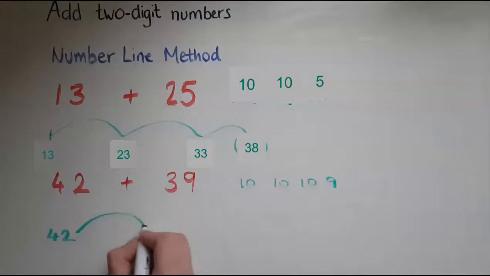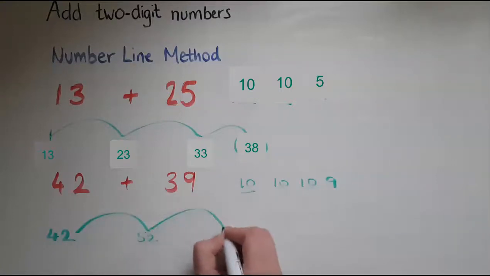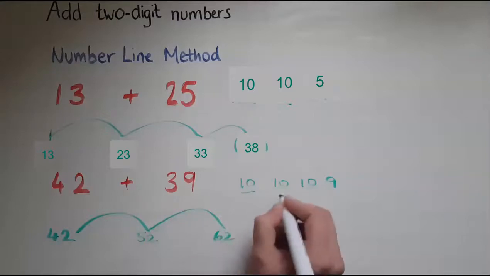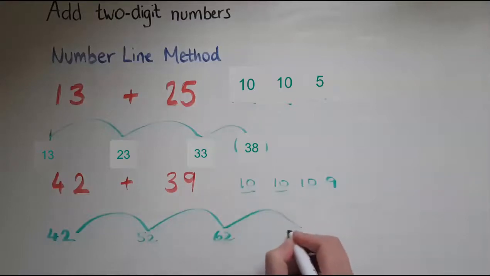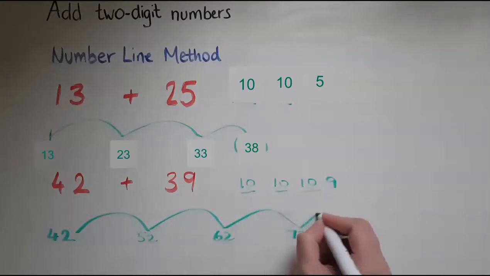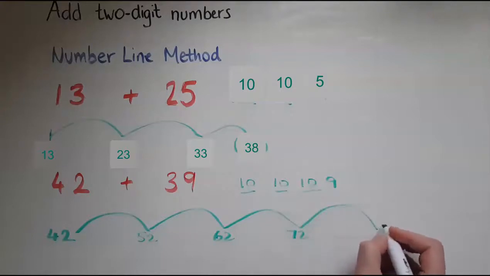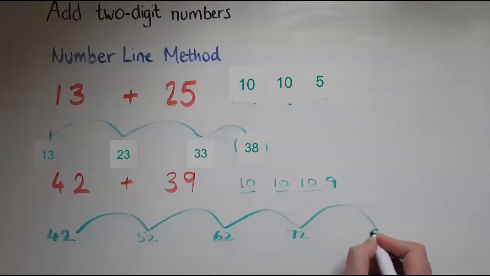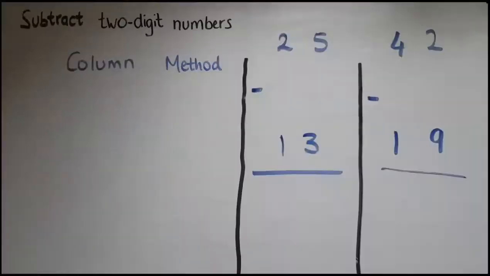So I'll add 10 to make 52 and another 10 to make 62 and another 10 to make 72 and 9 to make 81. And that gives me the answer. So this is how you use the number line method to add two two-digit numbers.